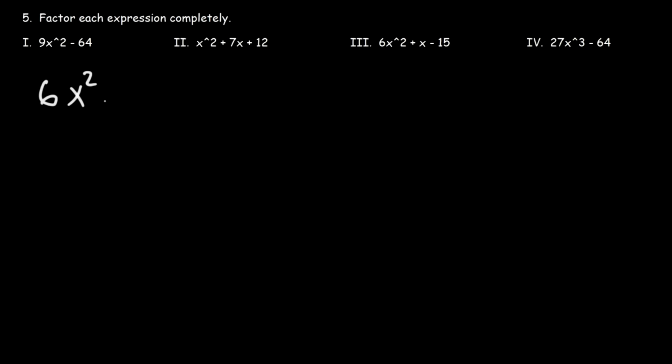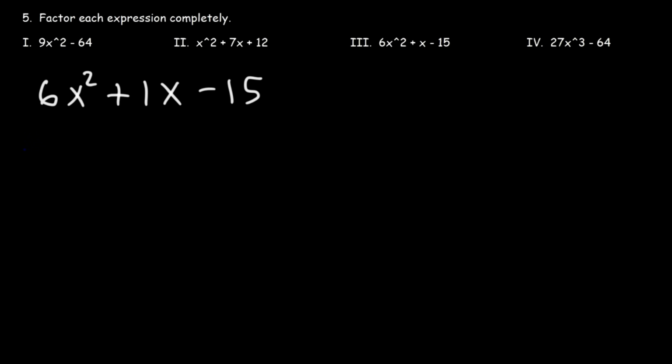6x squared plus x, but let's write that as 1x minus 15. So this time, we have a trinomial where the leading coefficient is not 1, it's 6. So the method that we're going to use to factor this expression is going to be different than the one we used for number 2. So what's our first step?